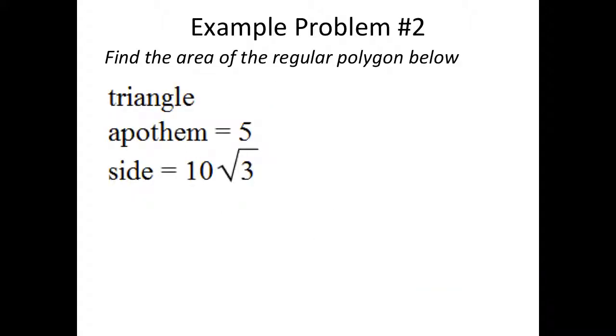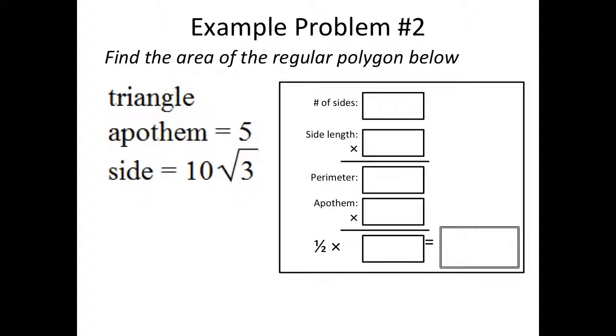Here's a second example problem. It's asking us to find the area of the regular polygon below, and rather than show the polygon, it just gives us the information. Here is our graphic organizer. I know it's a triangle, and a triangle has 3 sides. The length of each of those sides, as it says, is 10 root 3.